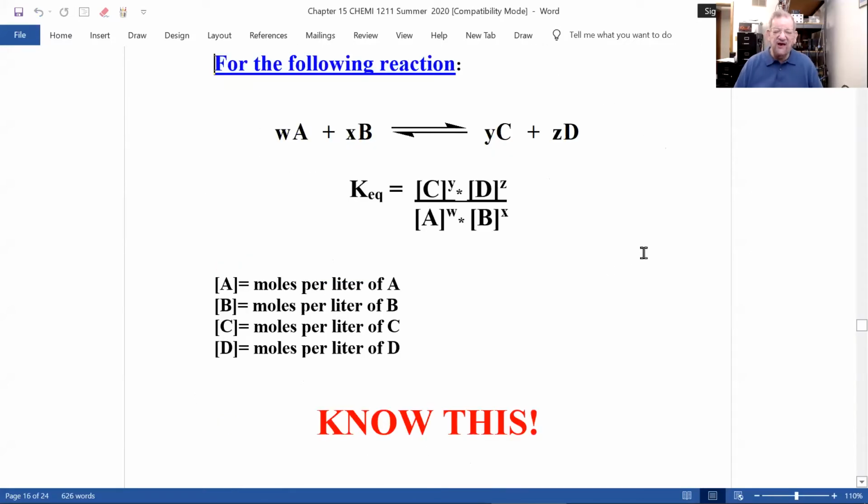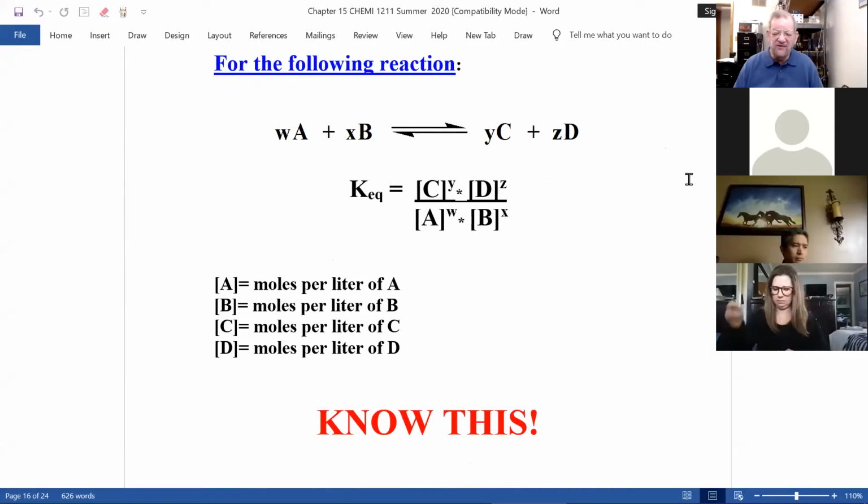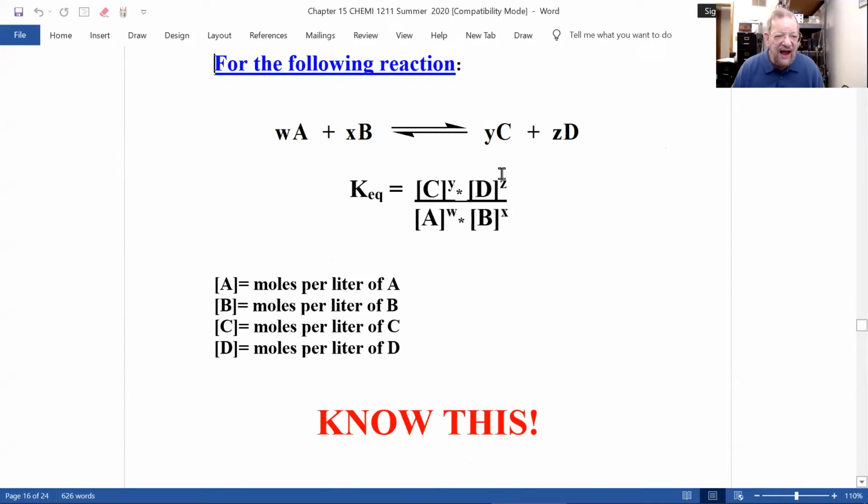Let's go back to chapter 5. Everybody see chapter 5 on their screen? Thank you. And this is the formula used for the equilibrium constant.